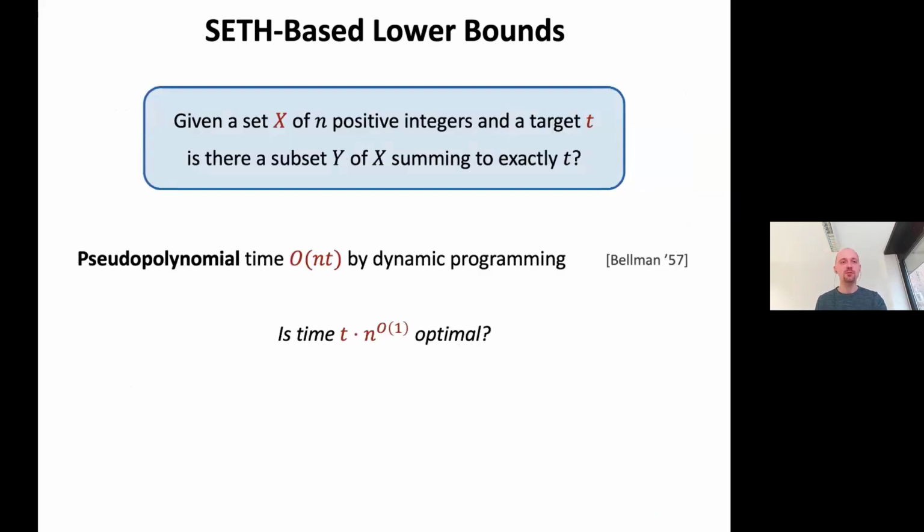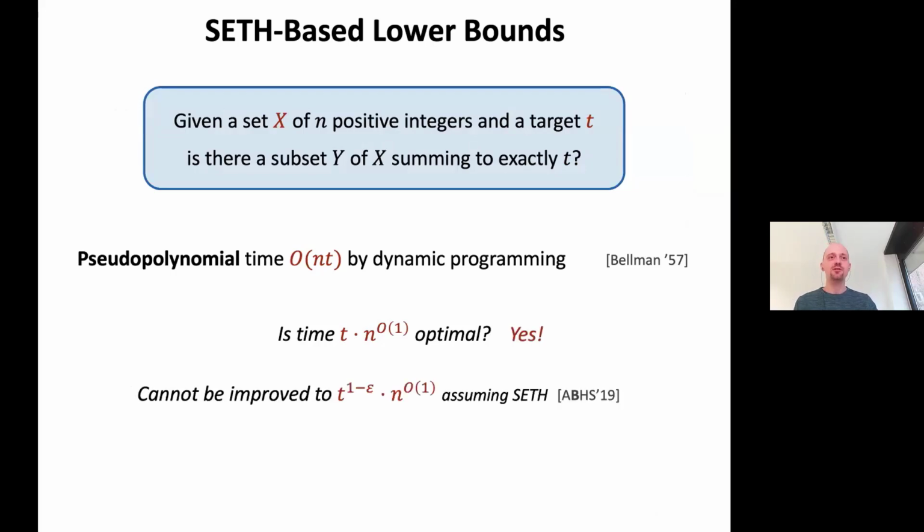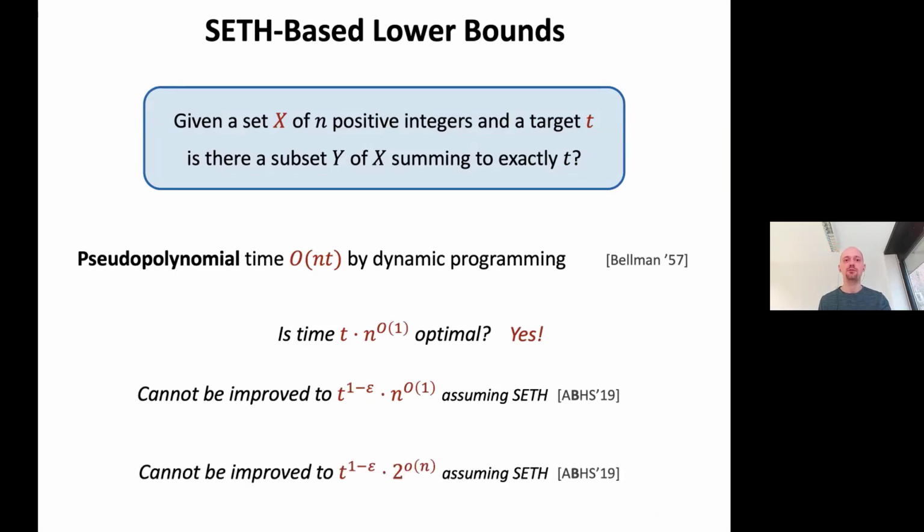So if we come back to this question here, is time t times poly-n optimal? Then yes, essentially it is, assuming the strong exponential time hypothesis. Cannot improve it, cannot improve the dependence on t to the 1 minus epsilon. And that even holds if we relax this poly-n factor to 2 to the o(n) factors.